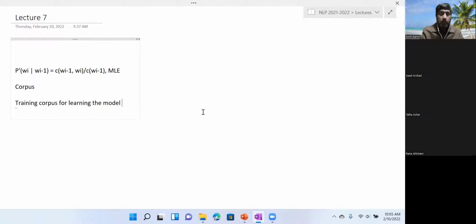Once you have learned the model, you would typically test it on another corpus, which is called a testing corpus. That's the standard way. But then, of course, you need a measure for evaluating the performance of the language model on the test set, and we will talk about that very shortly. The other approach is what is known as the extrinsic approach. Let me go to the slides.